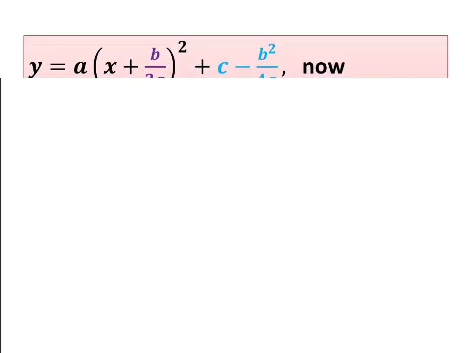Now we have y equals a into x plus b over 2a all squared plus c minus b squared over 4a.